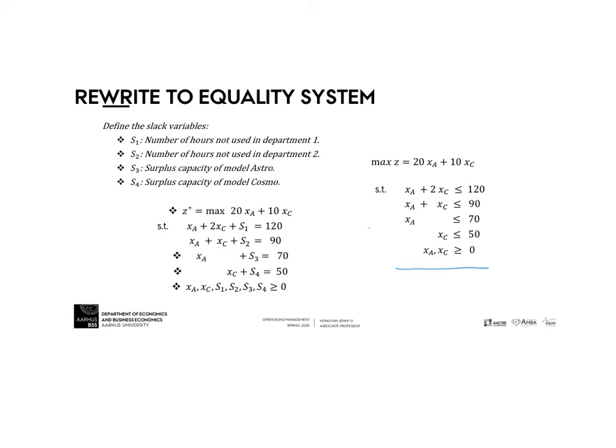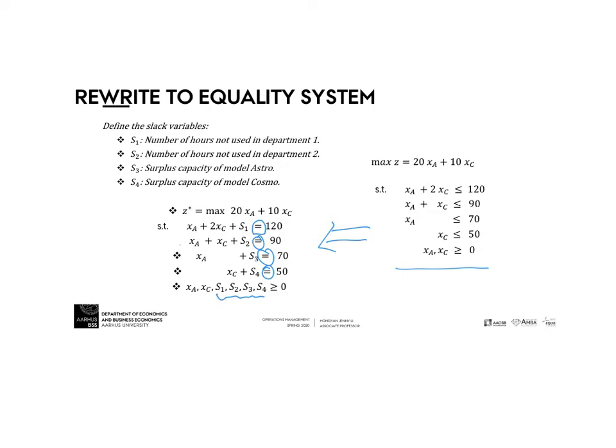We rewrite this into an equality system. You can see the inequality constraints have now changed into equalities. This is done by adding slacks. Here S1, S2, S3, S4 are the slacks.